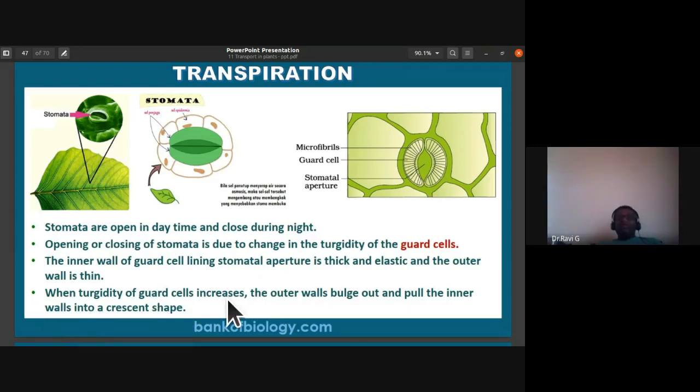So when turgidity of cells increases, the outer wall bulges out and pulls the inner walls into a crescent shape. Now the stoma is open.